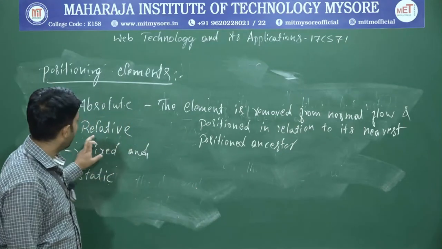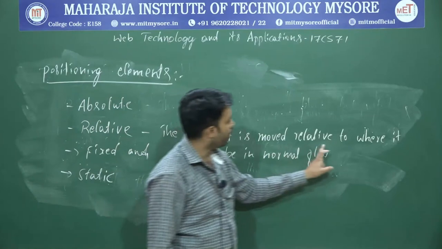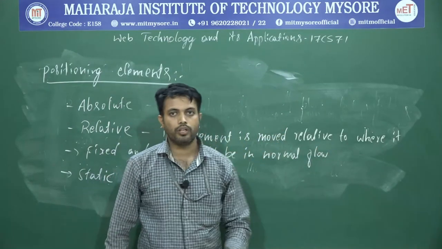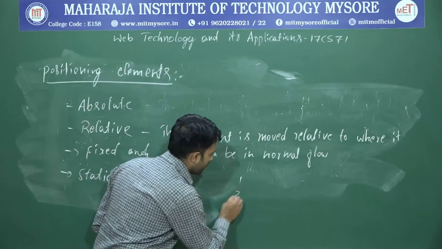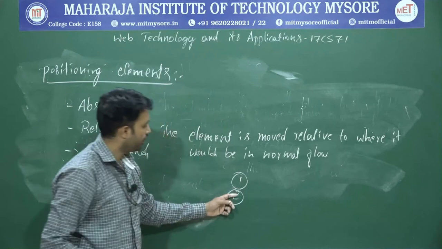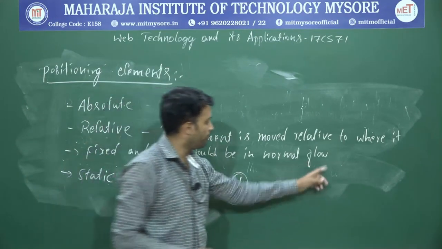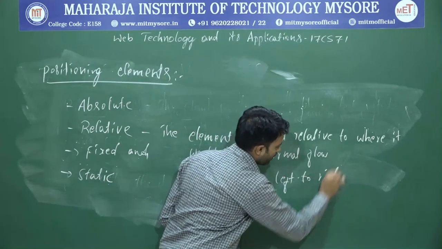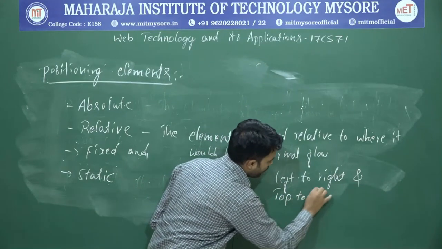And next one is relative. The element is moved relative to where it would be in a normal flow. In a normal flow, the first element and after that the second element will follow that normal flow, that is left to right and top to bottom.